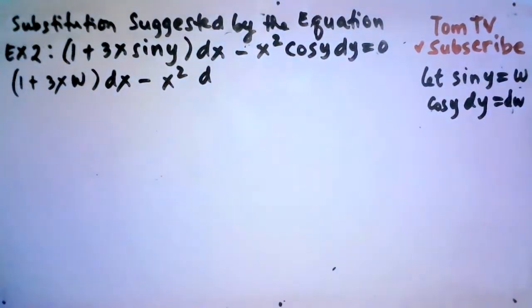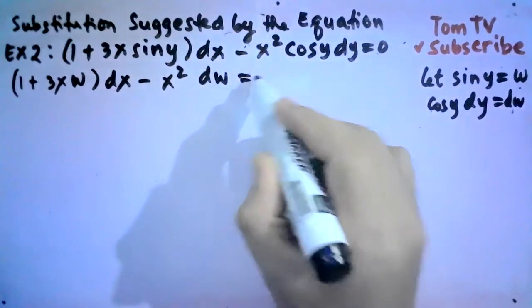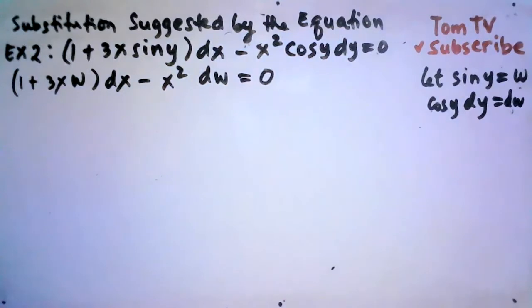We have here dw, which is equivalent to 0.